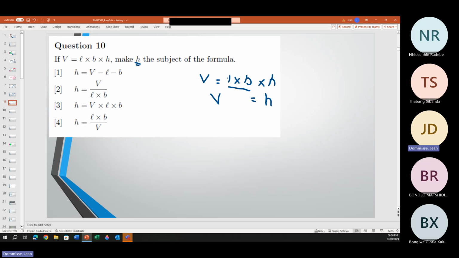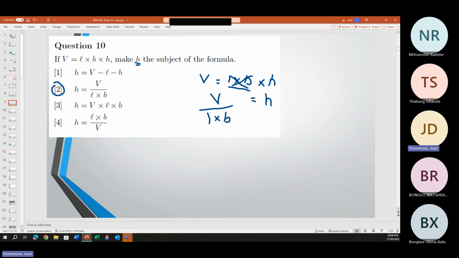We divide on the right-hand side, so that falls away. So then we need to divide on the left-hand side as well. So then we have H on its own. So H will be equal to the volume divided by L times B.